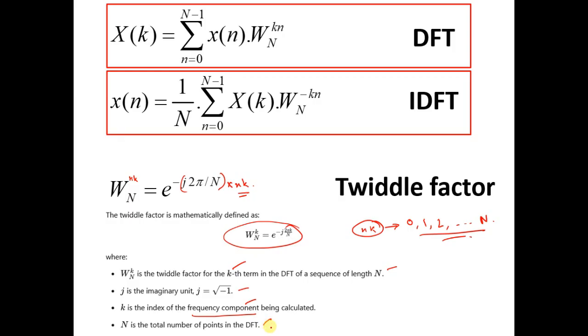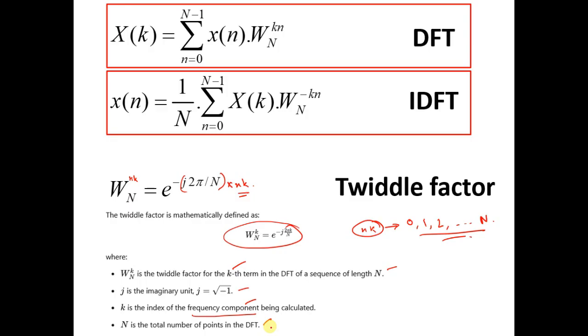Suppose it is a 4-point DFT, then for a signal which has a length of 4, you can analyze that signal using the 4-point DFT. Over there you have to have a twiddle factor matrix which has a dimension of N by N.